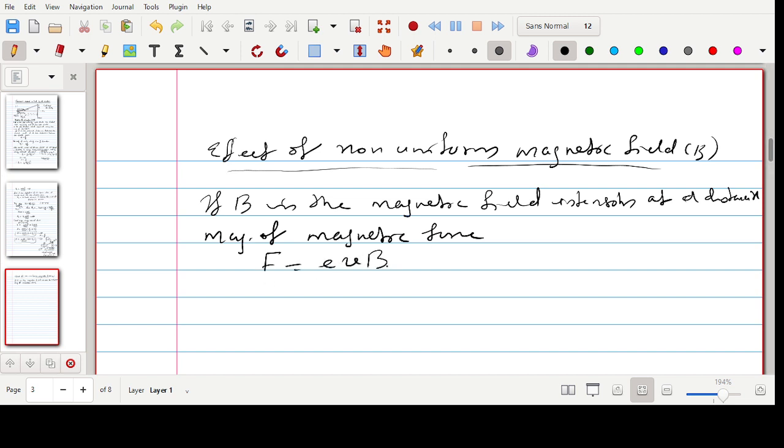We are taking the magnitude, so it will be eVB, since V and B are perpendicular. V and B should always be perpendicular.